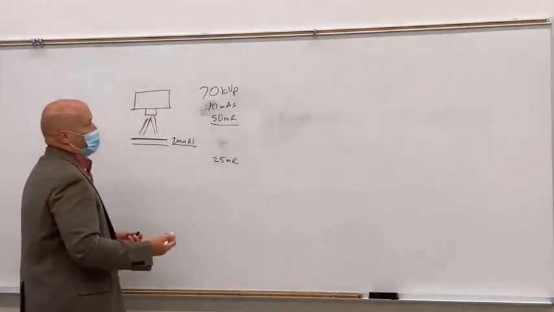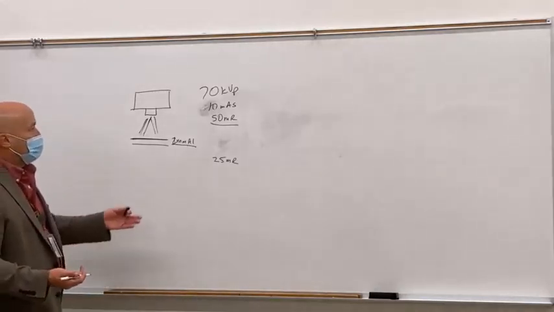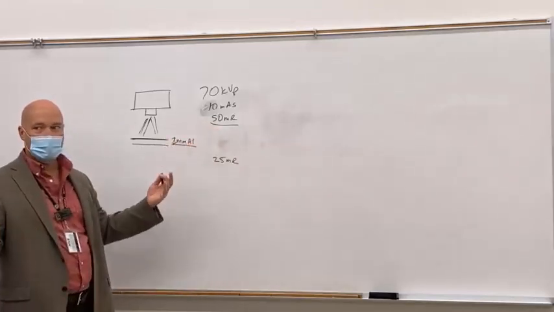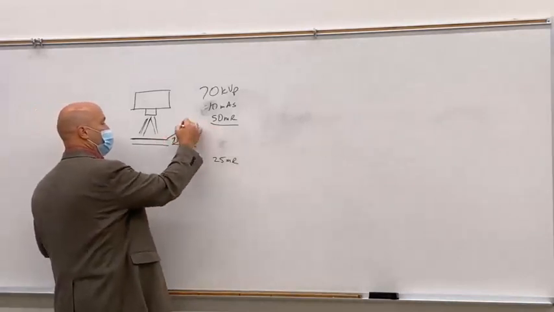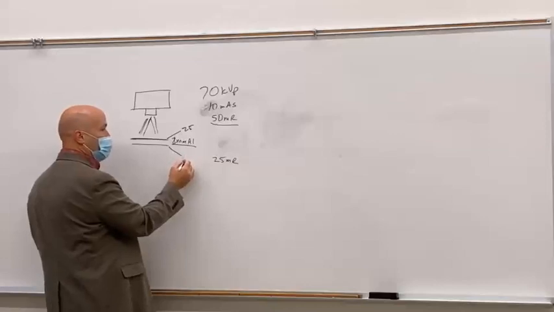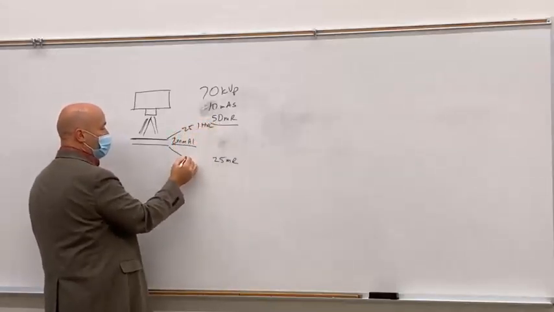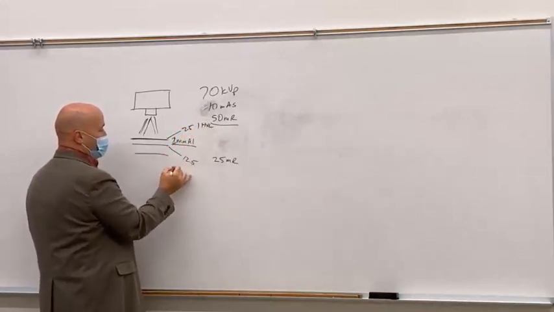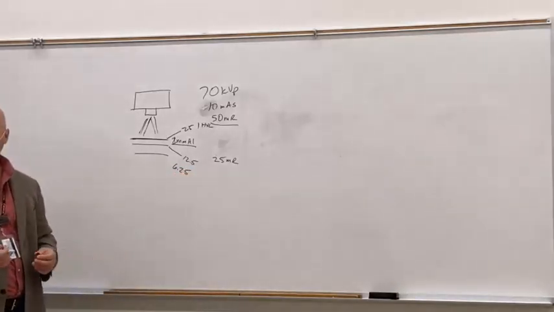So if you had a question that said, how many half value layers does it take to get this exposure down to 6.25 or whatever? 1 half value layer cuts it to 25, 2 half value layers would take it to 12.5, 3 half value layers would take it to 6.25. So basically the same thing, okay?